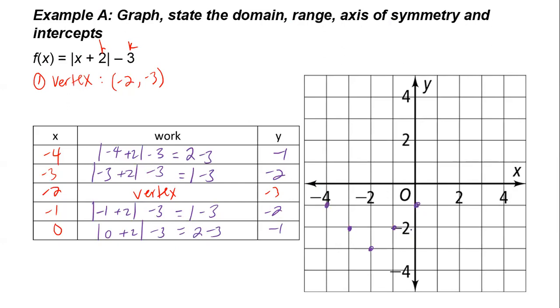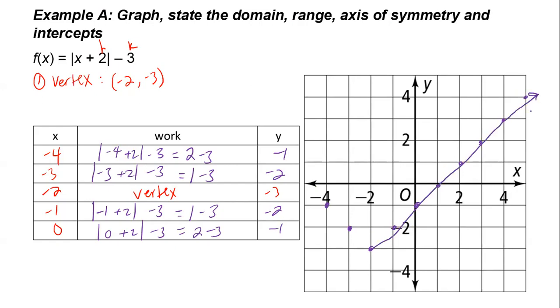It said that when we connect the points, we want to use the slope to help us find the remaining points. So on my right side, my slope is I rise 1, go right 1, right? So 1/1. Up 1, right 1, up 1, right 1, up 1, right 1. My right side is done.